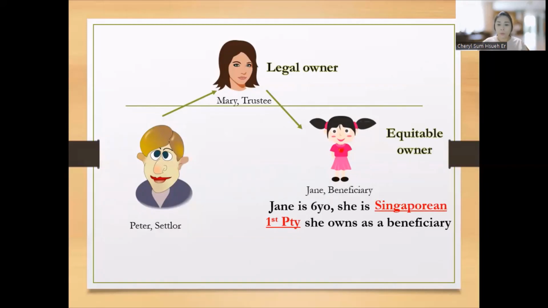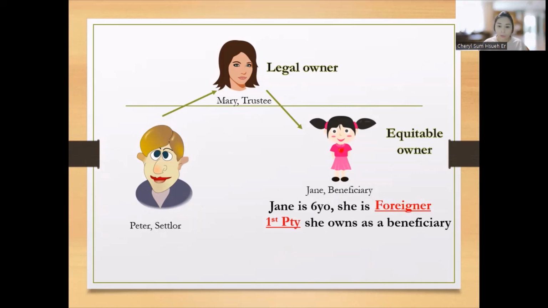Jane is 6 years old. She's a Singaporean, and she owns this as a beneficiary of first property. Now, ABSD is going to be 0% because the Singaporean first property ABSD rate is 0. So in this case, before 9th May 2022, you may find that ABSD is not payable in these circumstances.